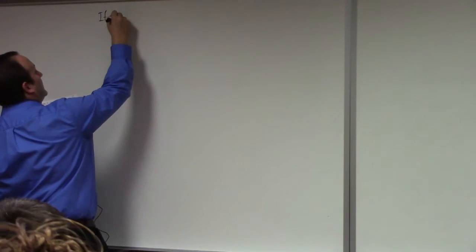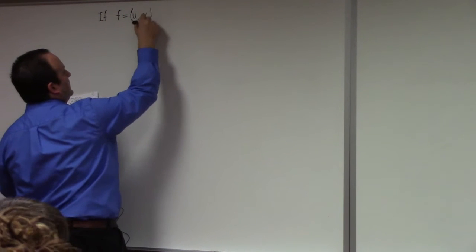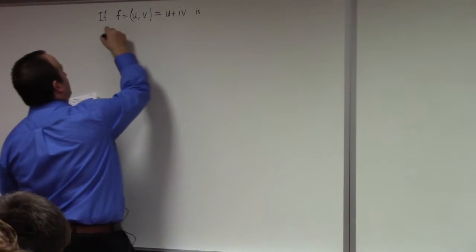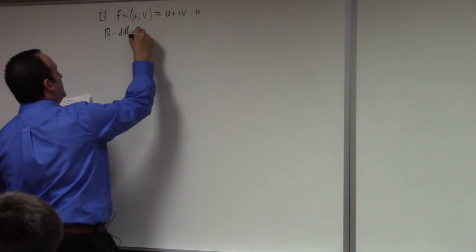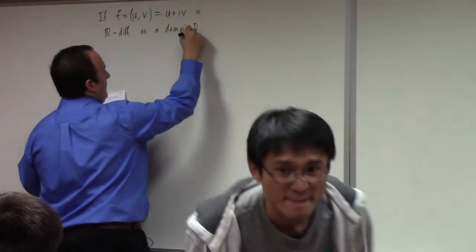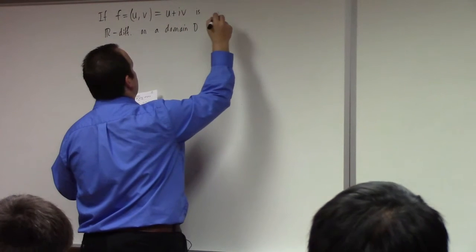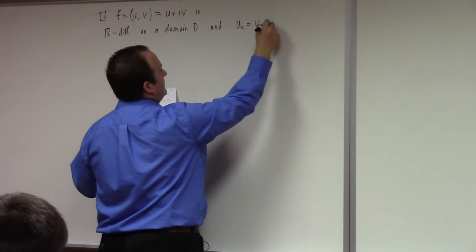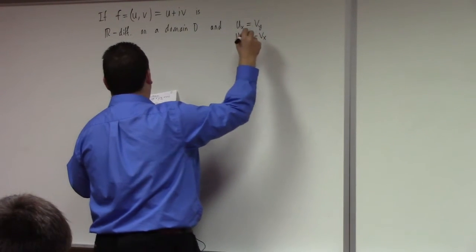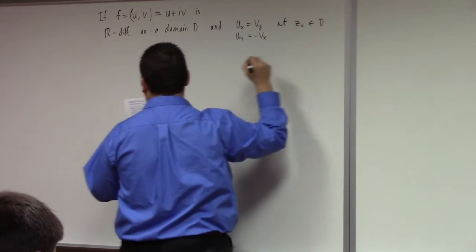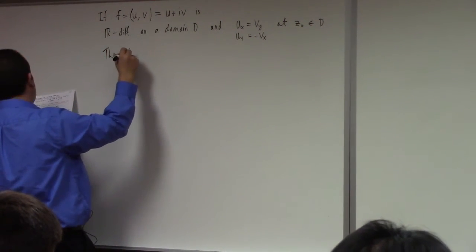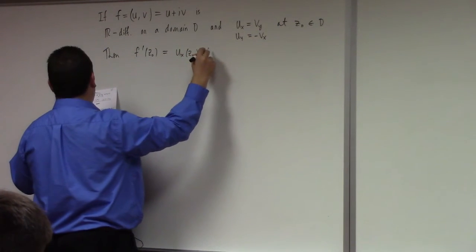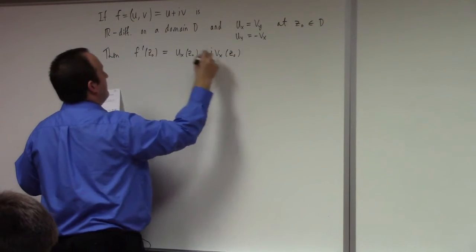If f equals (u, v), which of course we can also denote u plus iv, and if this is real differentiable on a domain D, and we also have that ux equals vy and uy equals minus vx at some point z naught in D, then f prime of z naught is equal to ux of z naught plus i vx of z naught. So this is the theorem.